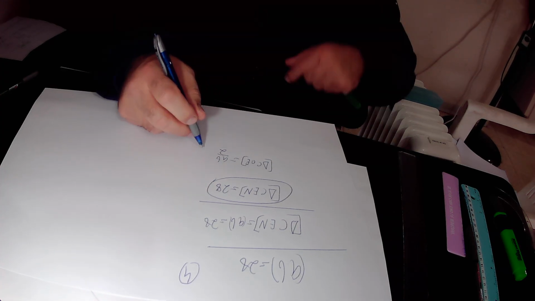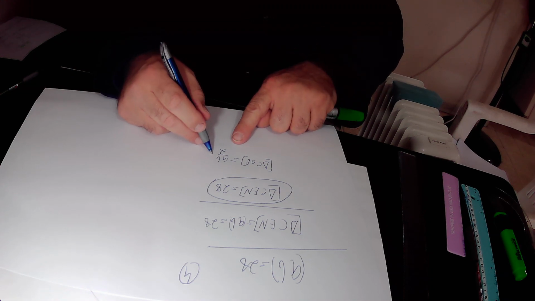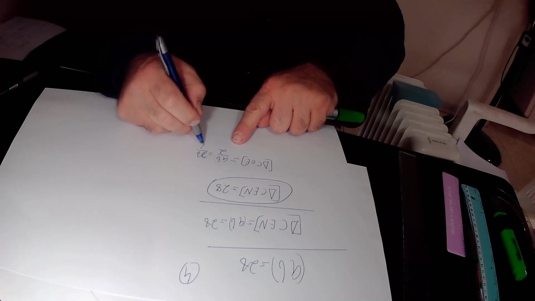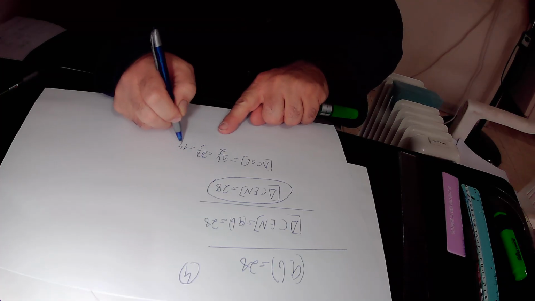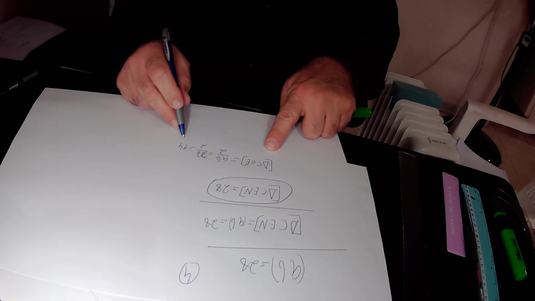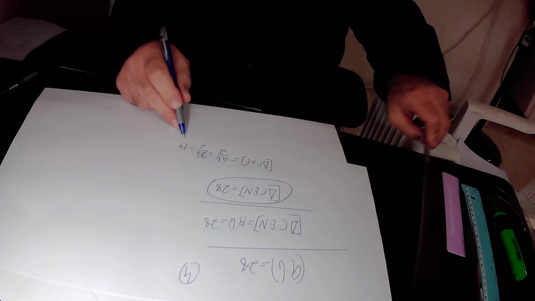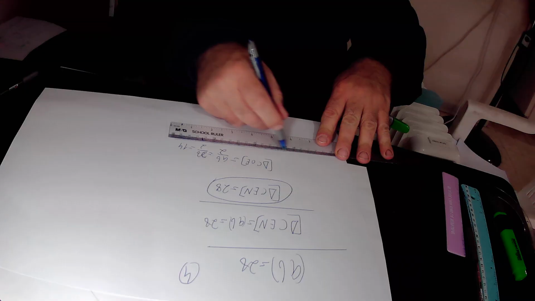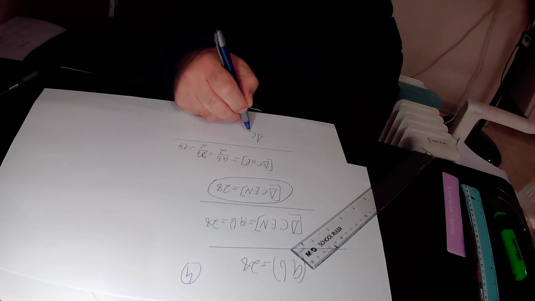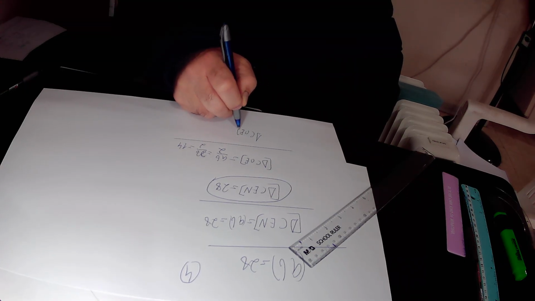But AB is 28, so we can write 28 over 2, which is 14. So in total, we found that the area of the green triangle COE equals 14 square units.